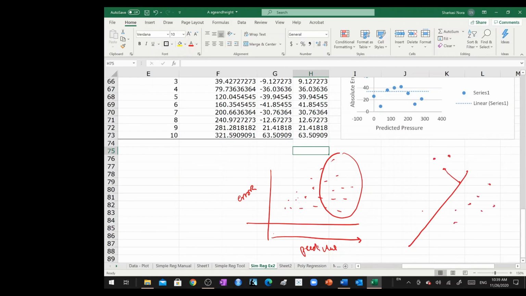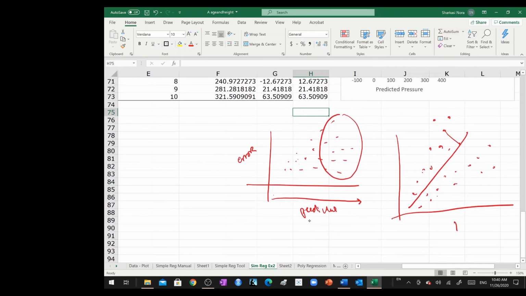This means that the actual values are spreading in a way that looks like a cone, as you can see here. Here is the independent variable, and this is the dependent variable, the predicted values and the actual values. This means that the variance among the actual values differs as we shift to the right on the x-axis. What does that mean?